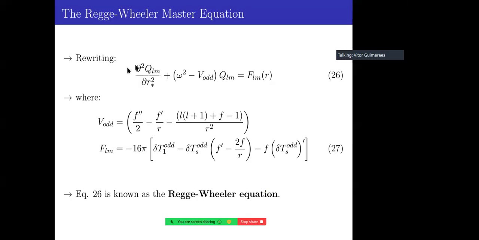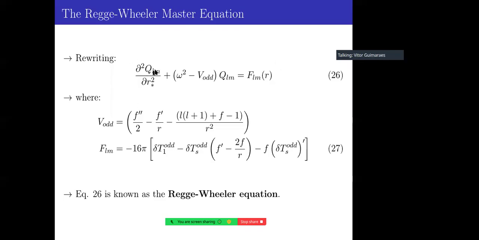This is a wave equation which governs the behavior of the odd part of the metric perturbation in Schwarzschild space-time. The odd part, which is related to the odd metric perturbation, is governed by this equation here.